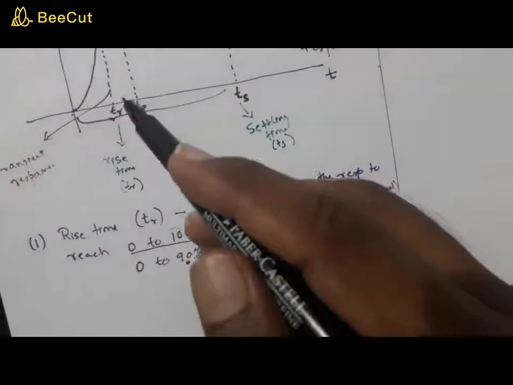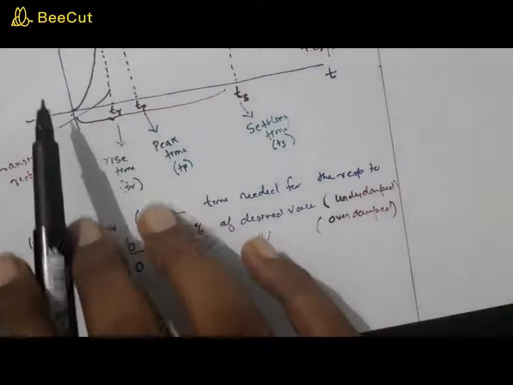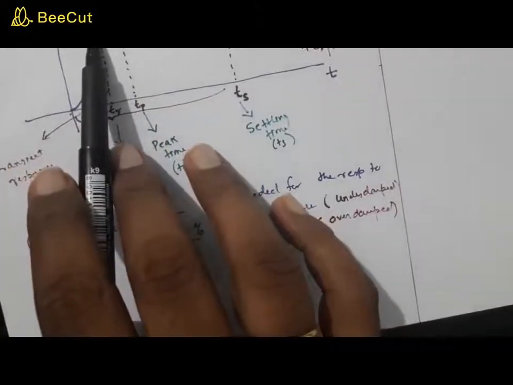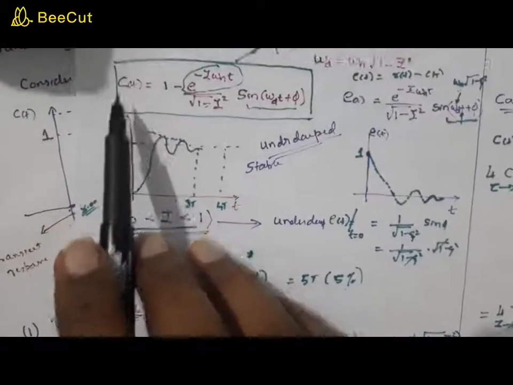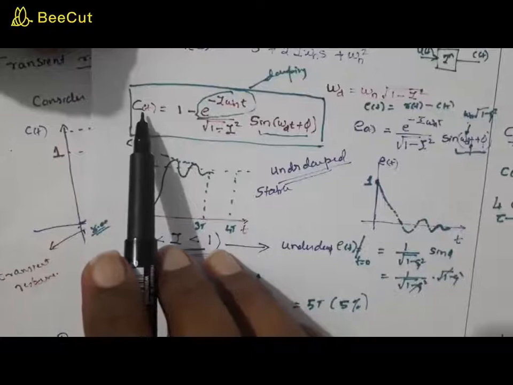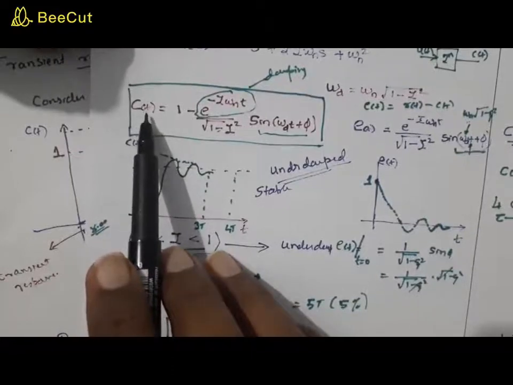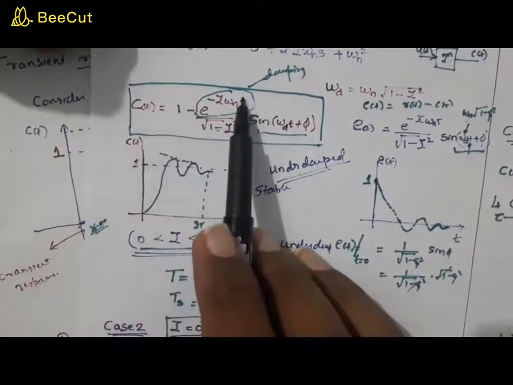Now we know that TR is the time taken by the system so that c of t becomes equal to 1, right? That means if you can equate c of t to be equal to 1, then you can find an expression for t.